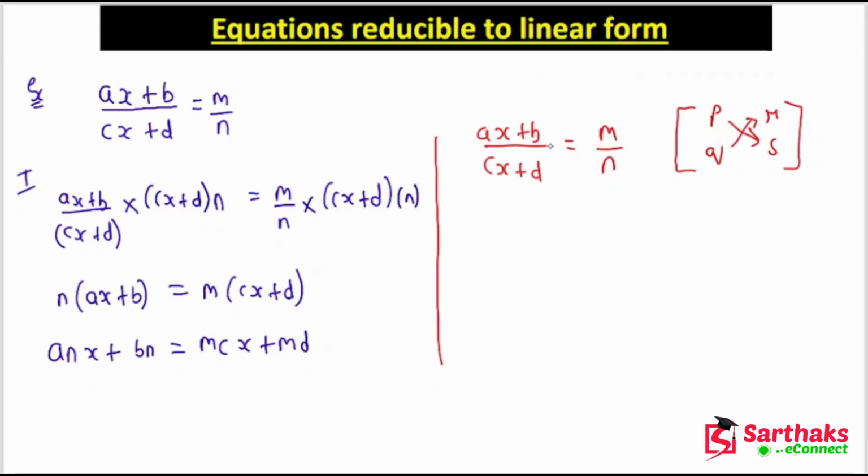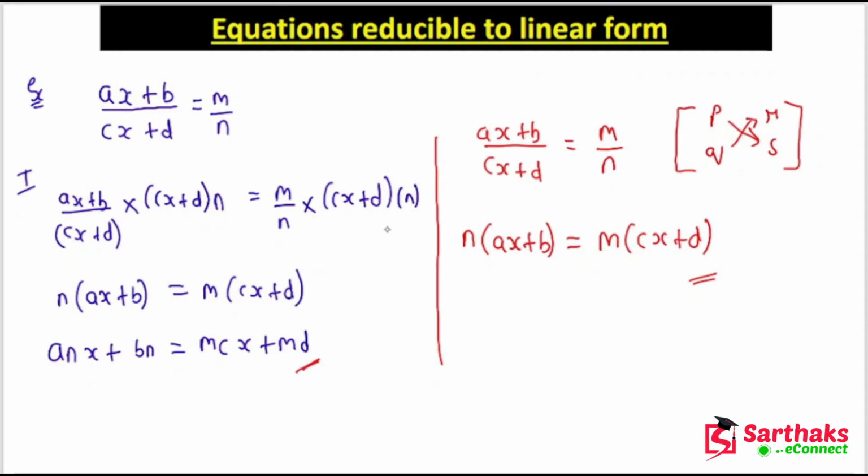So n could be multiplied to ax plus b, that is you could write n into (ax plus b), and this cross multiplication says that m should be multiplied by (cx plus d). See, now you have saved this complete step and you have directly jumped to this step. So you can do it by either of the methods, because they will give the same results.